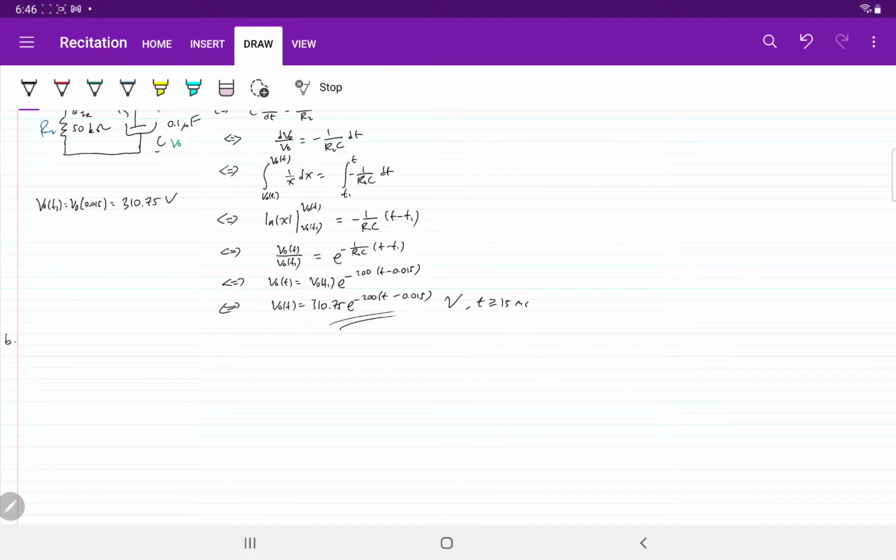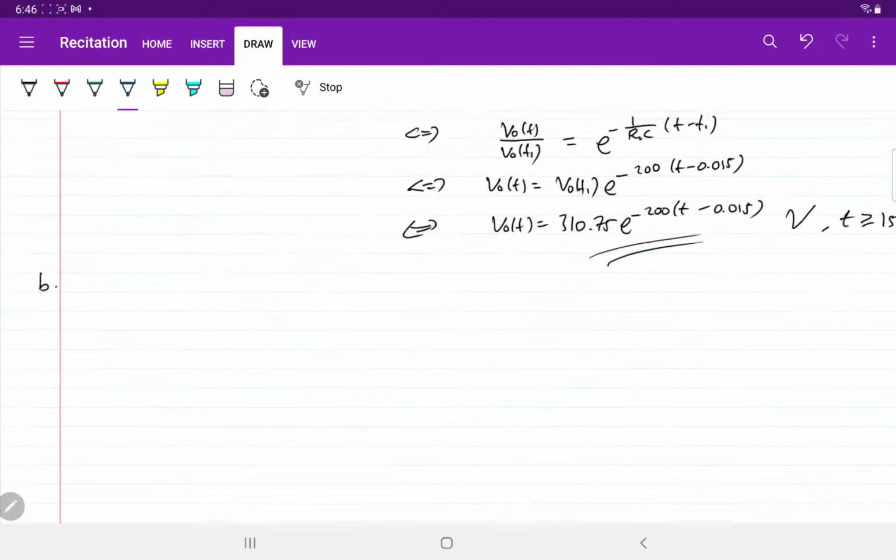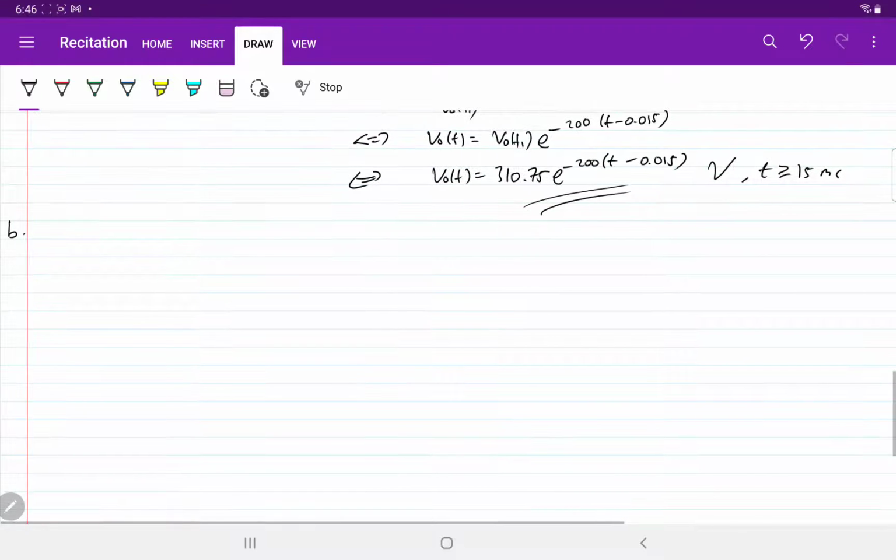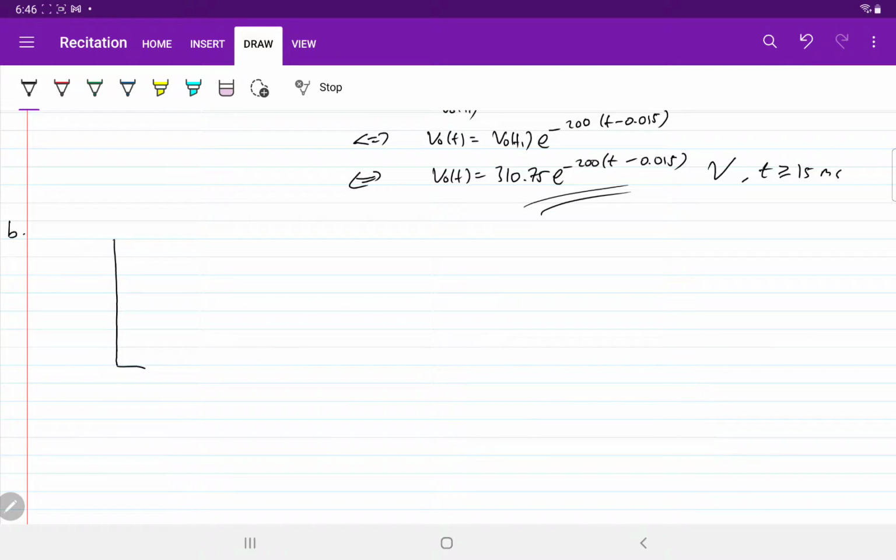What about B? For B, we need to plot a graph.